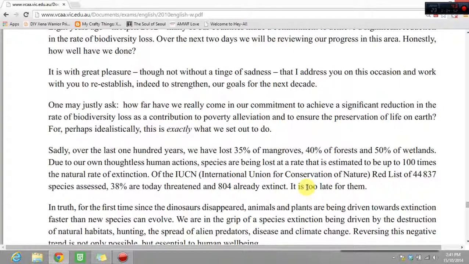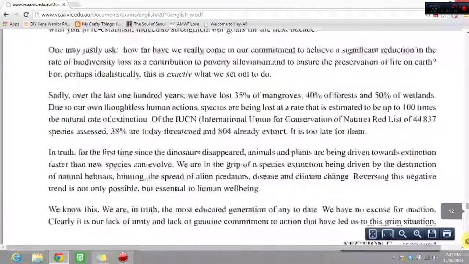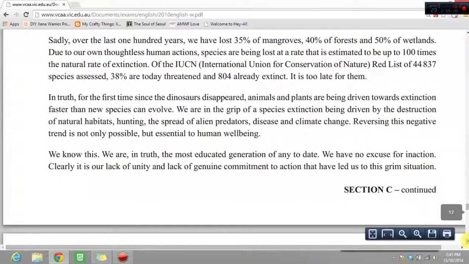By saying it is too late for them, it sets the audience up to infer the difference between them and us, to draw the conclusion that it is not too late for us and we can do something about it, or not even just us, it can also refer to the other animals, creatures, flora and fauna, and it may not be too late for them. So again, we feel like even though we're meant to be sad, there is this little bit of hope.